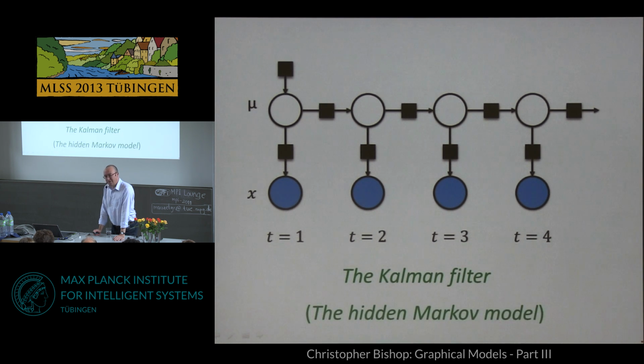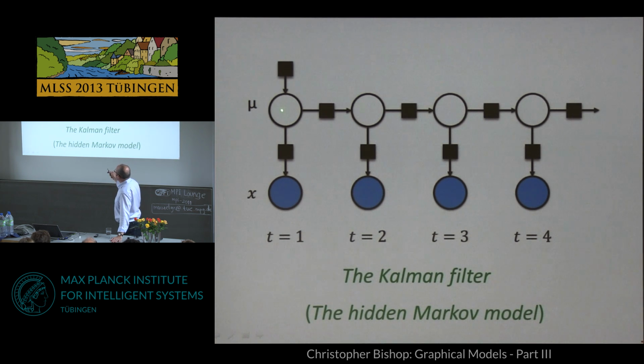Oh, by the way, it's also exactly the same as the thing called the hidden Markov model. The hidden Markov model is at the heart of all speech recognition systems. All modern speech recognition systems use a hidden Markov model to deal with the nonlinear warping of the time axis. If I'm speaking, I might speed up at the beginning of the word and slow down at the end of the word. It's the same word. I need to take account of that time warp using a hidden Markov model.